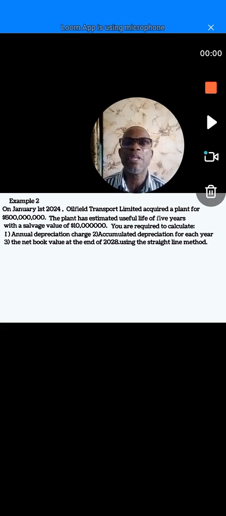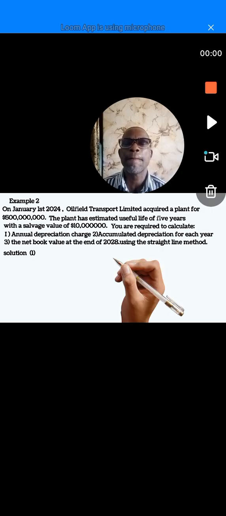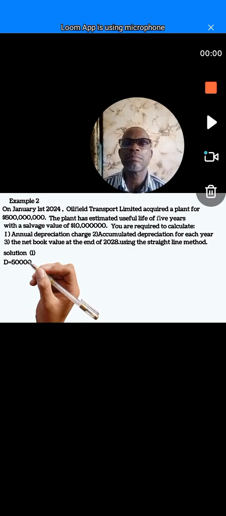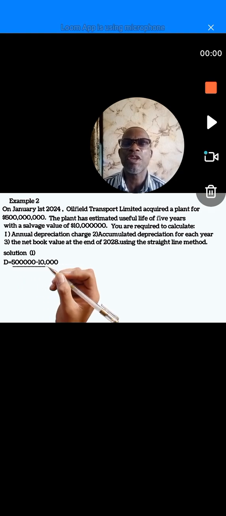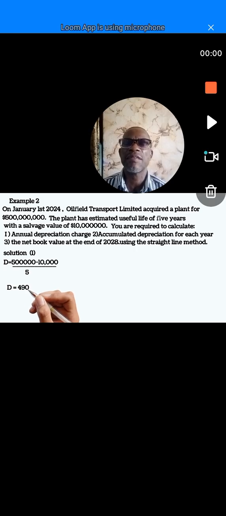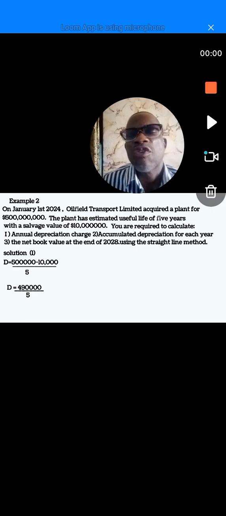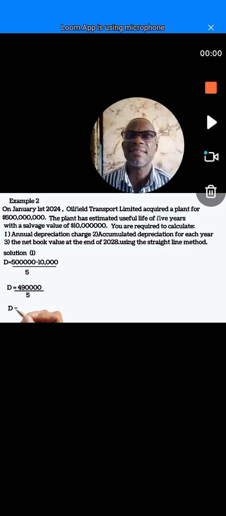The first thing we will do is to calculate the depreciation per annum, which is D equals C minus S over L. In this case, 500 million minus 10 million over 5. 500 million minus 10 million will give you 490 million over 5, which will eventually give you 98 million.